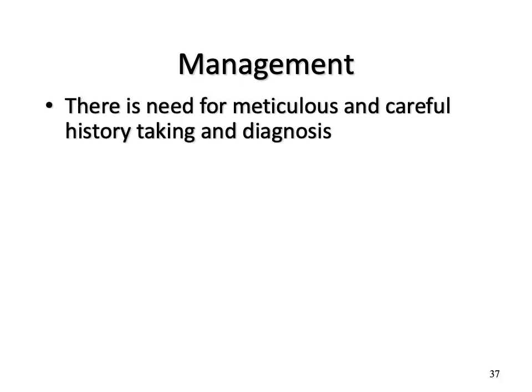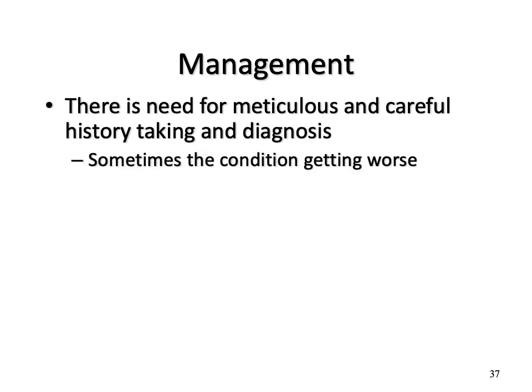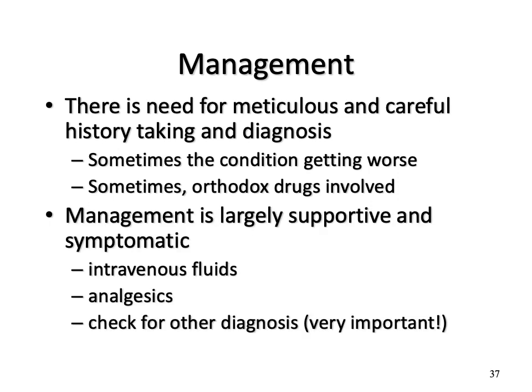So, with regards to the management of poisoning from traditional medicines, I think as you've seen, it's really generic. Very good supportive and symptomatic therapy is perhaps what is required. And there is need for meticulous and careful history taking and diagnosis because, like I said, sometimes it might be a condition becoming worse, and sometimes you might have orthodox medicines actually being involved.